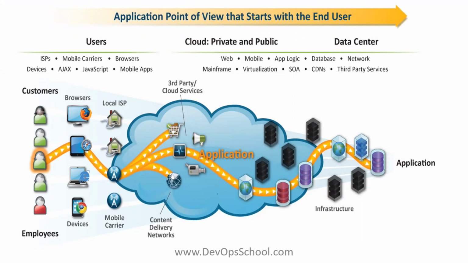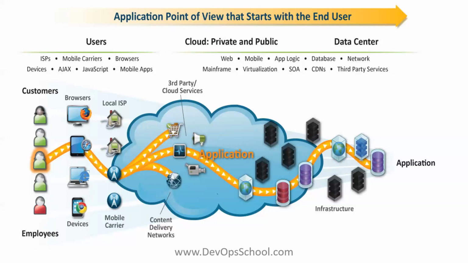See, customers are from different geographies, using different devices, different browsers, different ISPs, different data centers, different third-party libraries, different app server, web server, database server, this, that, and all. Different data centers, private and public subnet, and then the response gets processed.